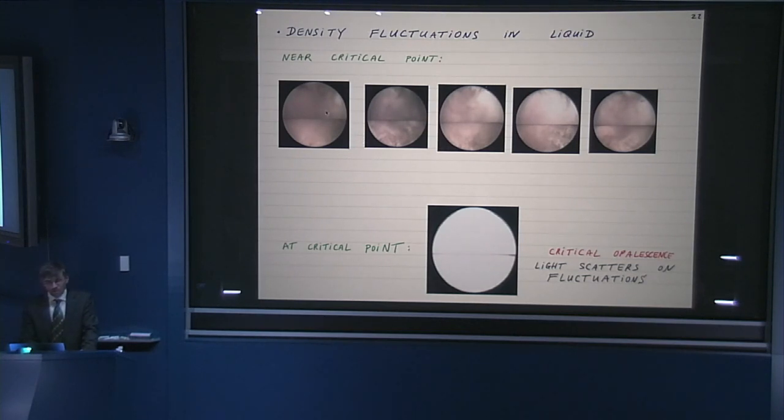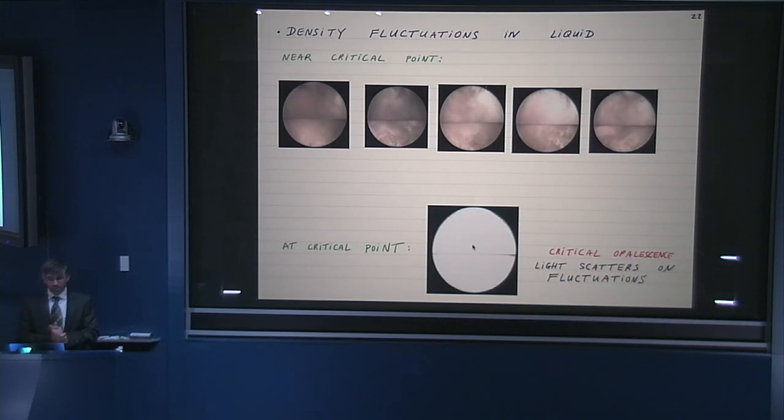So what you basically notice is, as you approach the critical point in the liquid by varying temperature or pressure, the liquid is initially transparent, like water is transparent. But then you start seeing some weird clouds all around your volume. And then precisely at the critical point, the whole liquid becomes white, like milk.